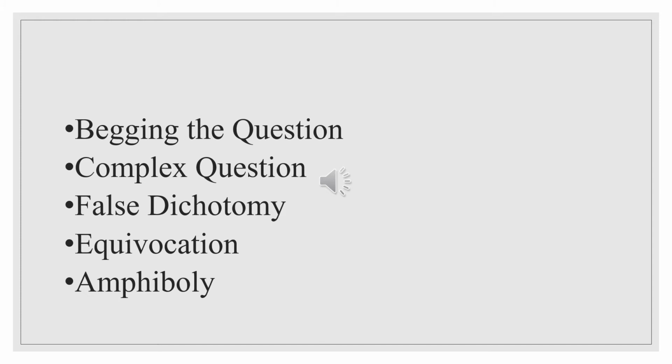Equivocation and amphiboly are our fallacies of language. These both have to do with ambiguity. And the basic distinction is pretty simple. In equivocation, we have an error that is the result of ambiguity of a word that is used within the context of the argument, where we slide from one meaning to the other.